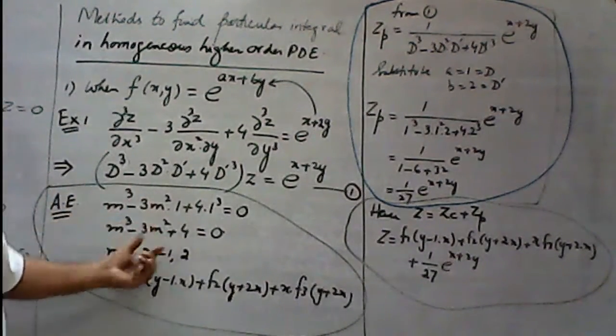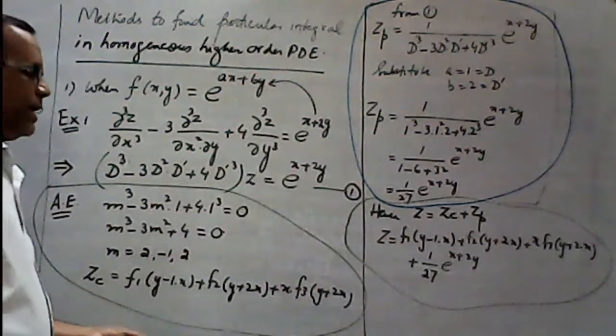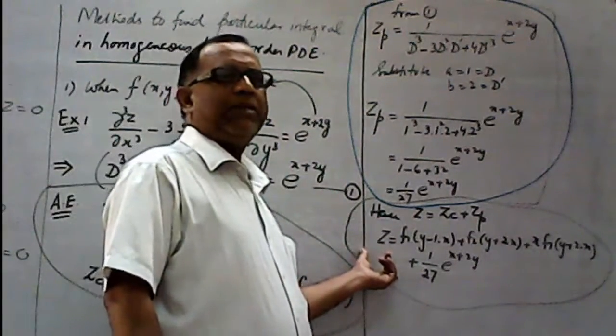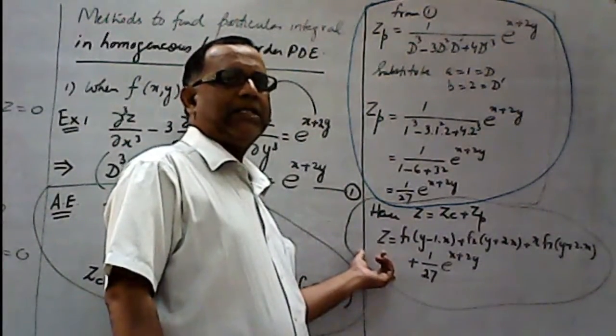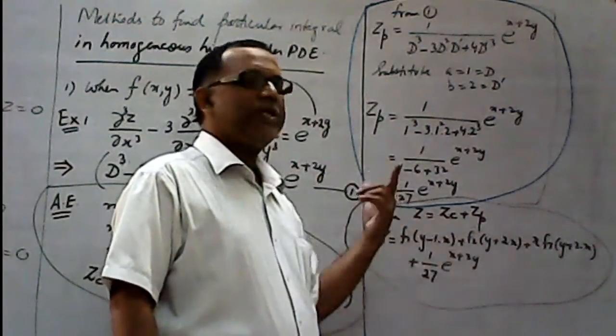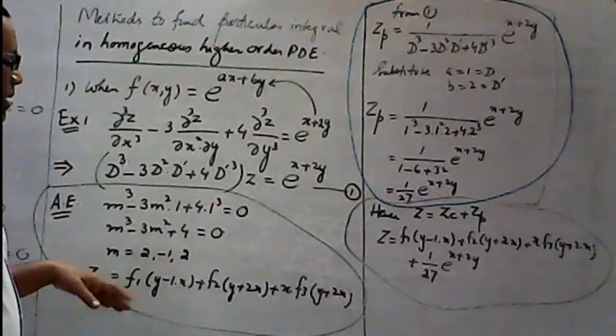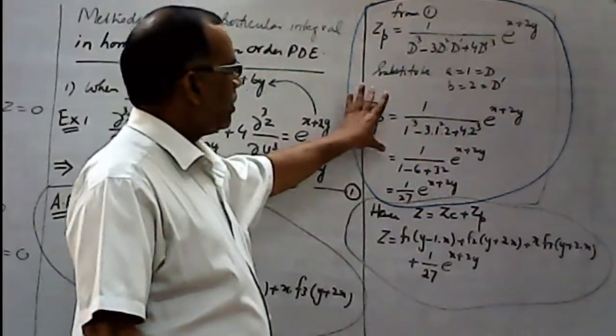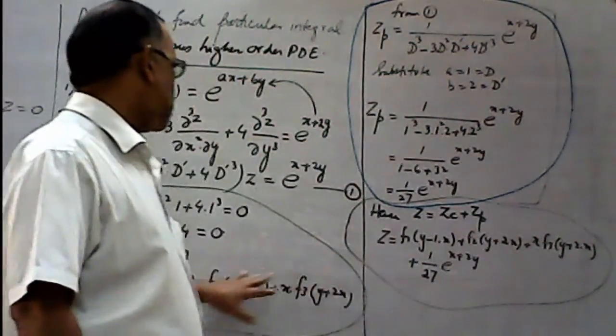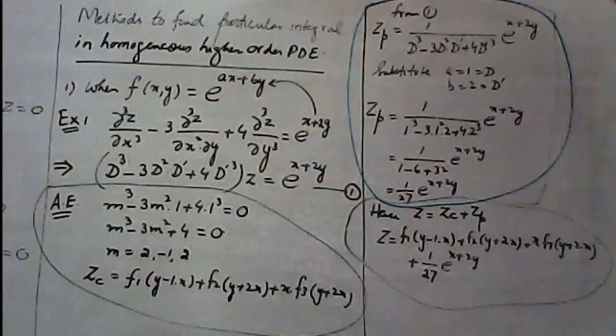So you need to do this part, and then the representation of the final answer: write z equal to zc plus zp. So just to save time, again I will only focus on this portion and leave these two things on you in each and every example which we will do in future.